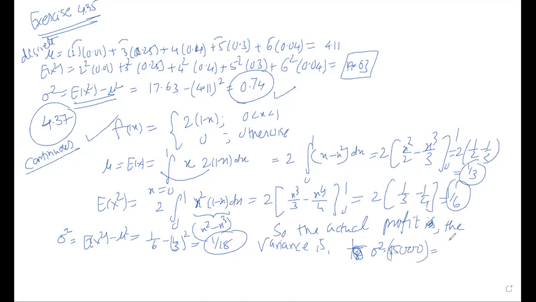So that is equal to 5,000 square times 1 by 18, and whatever number you are getting, you just have to put that number over here. So that would be the actual profit.